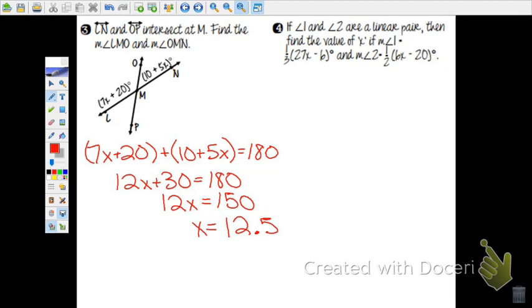They want me to find both of those angles. So 7 times 12 and a half plus 20. 7 times 12 and a half is 87 and a half plus 20 is 107 and a half.